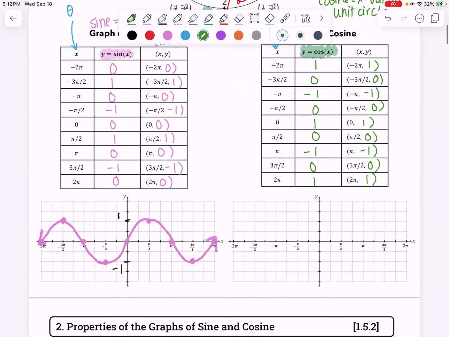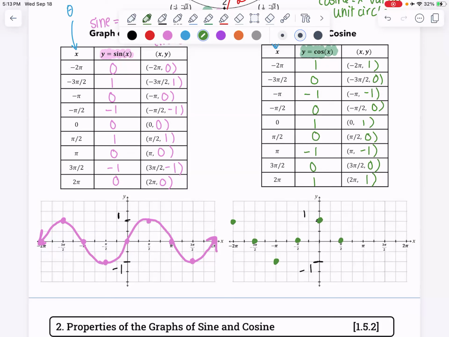And we can plot these points. So we have negative 2 pi comma 1. Again, let me mark where I want 1 to be here. All right, so negative 2 pi comma 1. Negative 3 pi/2 comma 0. Negative pi comma negative 1. Negative pi/2 comma 0. 0 comma 1. Pi/2 comma 0.